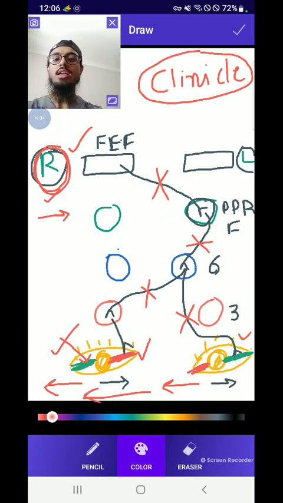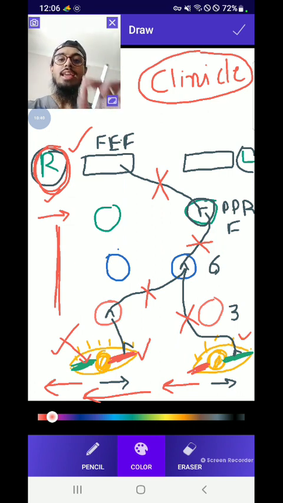So ipsilateral, same direction, that's why we name it ipsilateral conjugate gaze deviation. If it moves to the opposite side, then I use the word contralateral. Ipsilateral conjugate gaze deviation is the clinical presentation of patients whose frontal eye field is damaged.